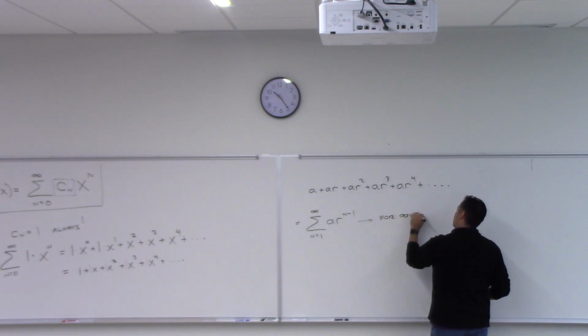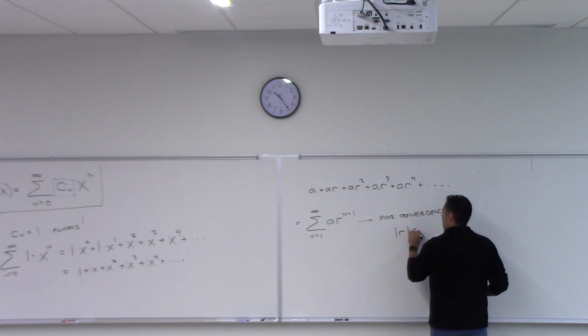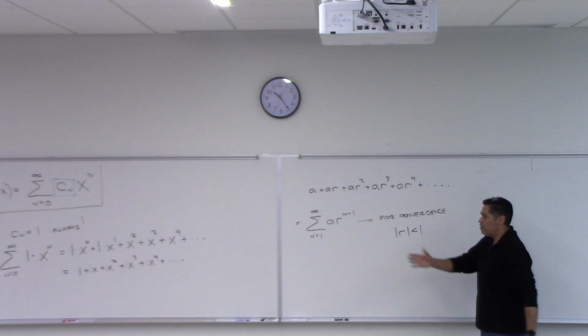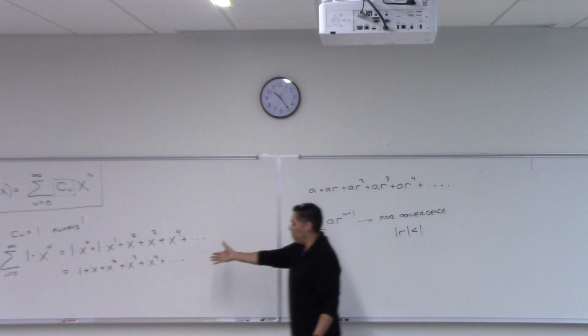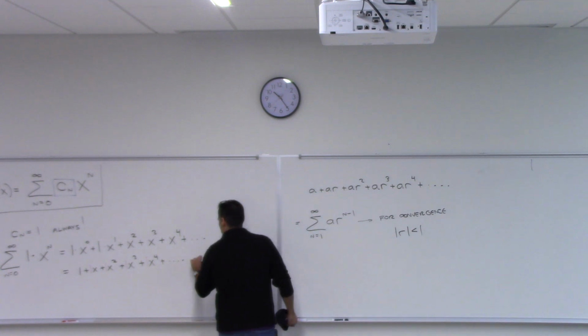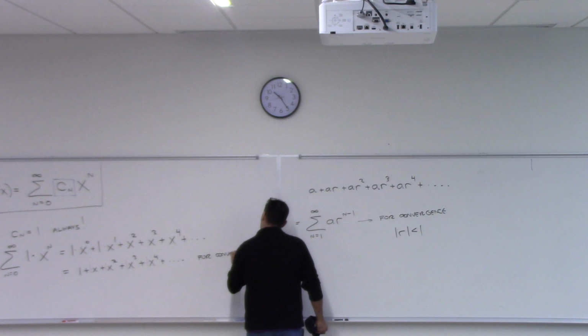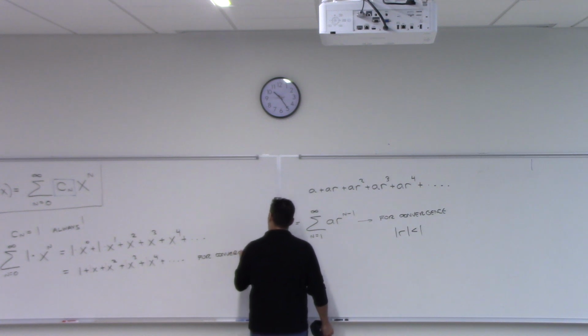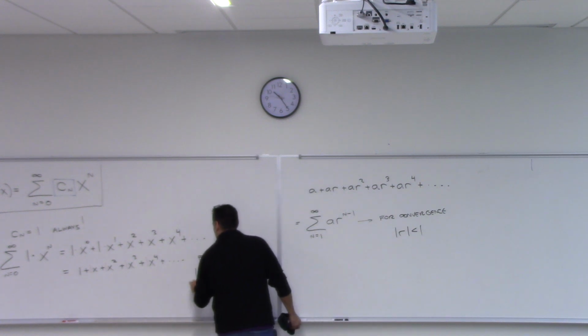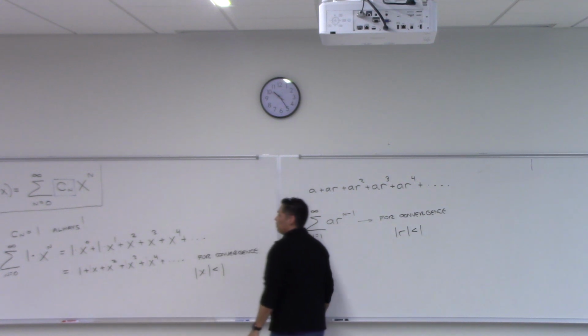Which means that if this is going to converge, we need the absolute value of x to be less than 1.